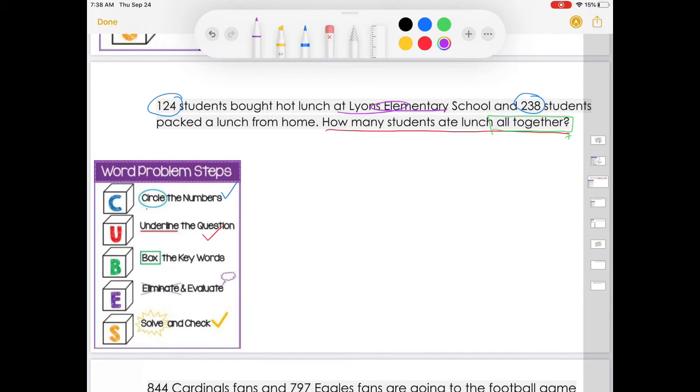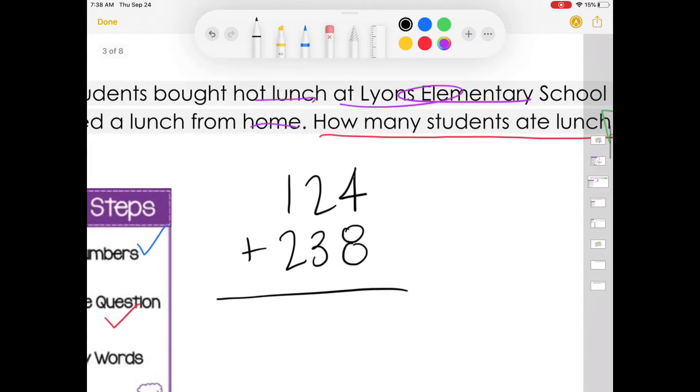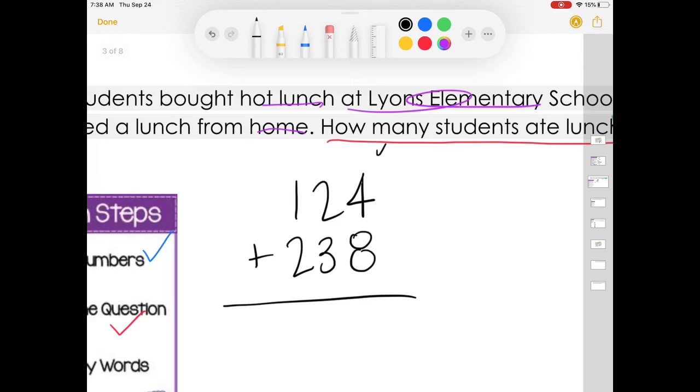Eliminate. Purple. I don't really care about their school name. I don't need to know that. I don't need to know if it's hot lunch or home lunch. I just need to know how many ate lunch. So solve and check. Let's see. I have 124 plus 238.